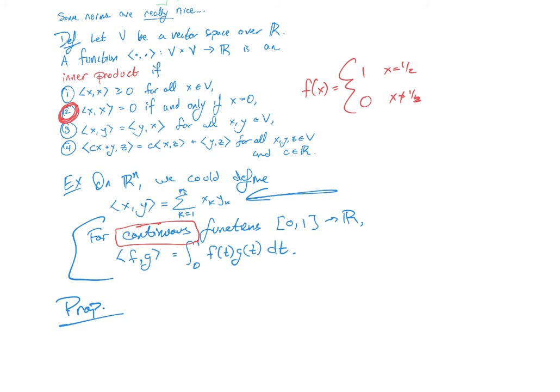We proved before that we can take a norm and get a metric from it. Well, we can take an inner product and get a norm. So if we have an inner product, we can go inner product to norm to metric.